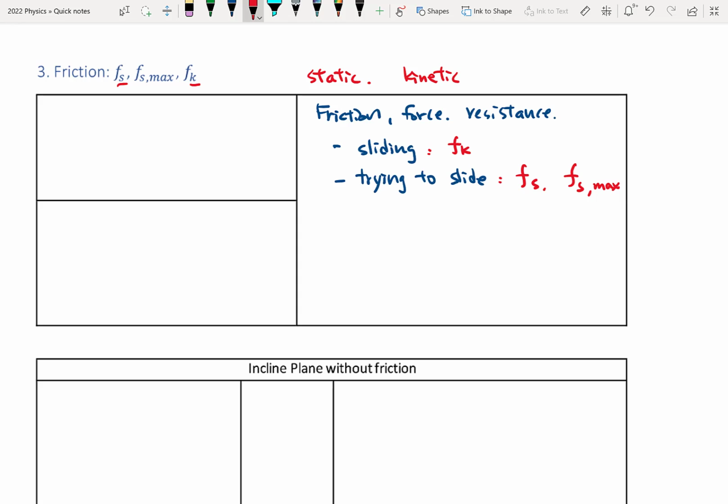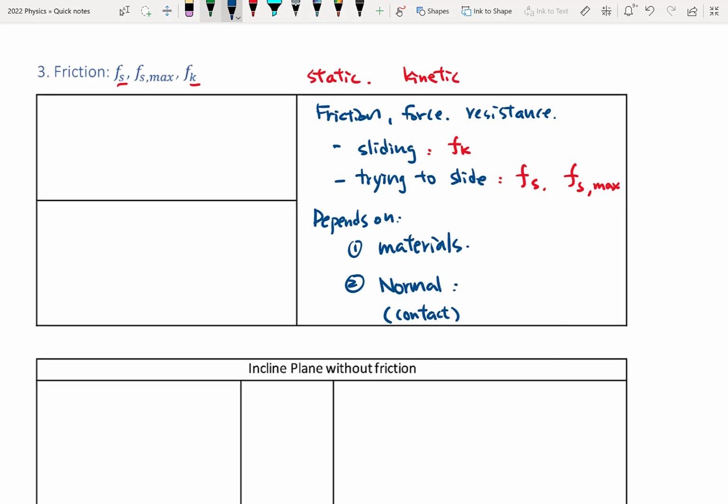And how big is the friction? It depends on two things. One is the material of the surfaces, the materials between the surfaces. The other is the normal force, or the contact force.